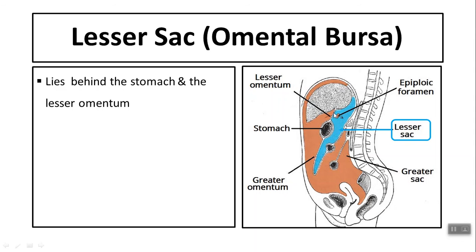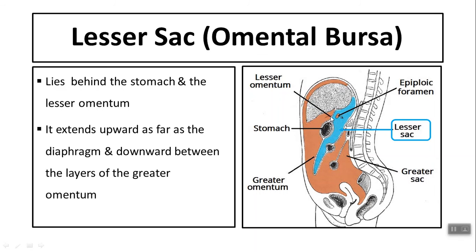This is a space that lies behind the lesser omentum and the stomach, and it extends upward as far as the diaphragm. Downward, it extends in between the two layers of the greater omentum.